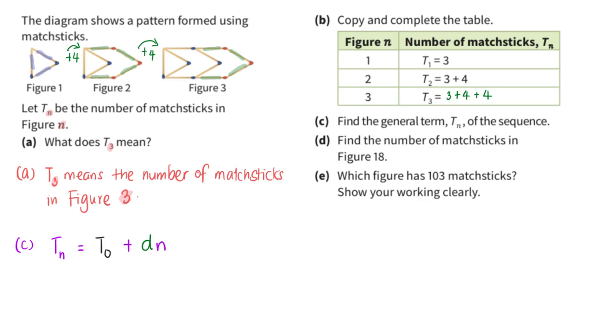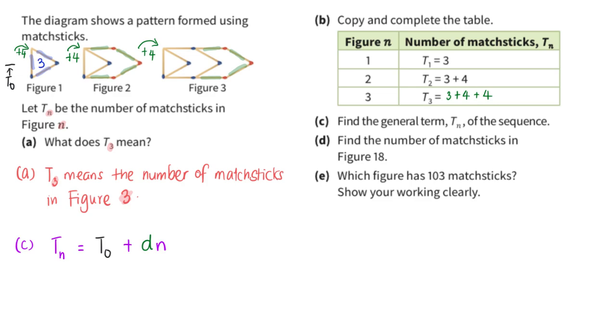So T0 means what was previously T1 here. So this T0, if you look up here, plus 4 will give me 3 matchsticks.